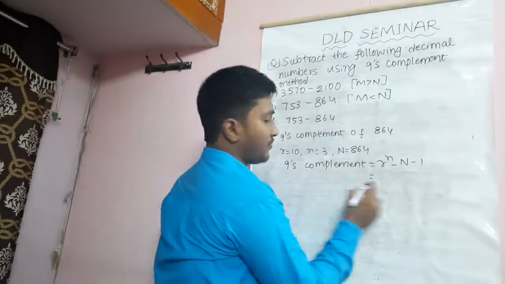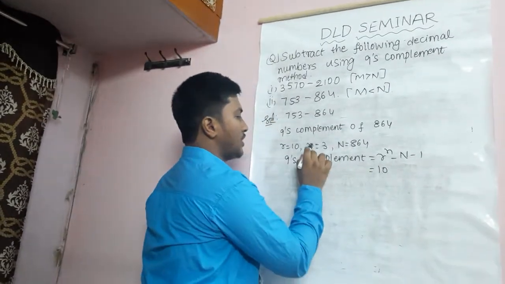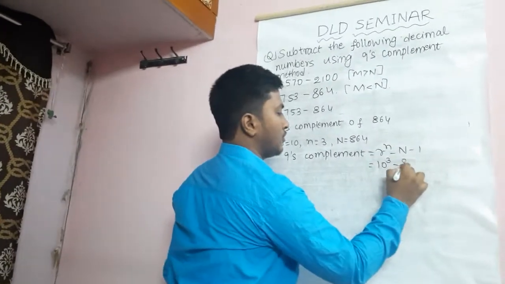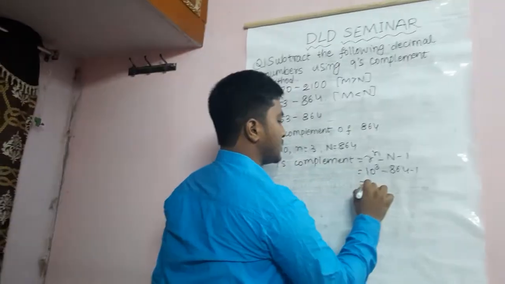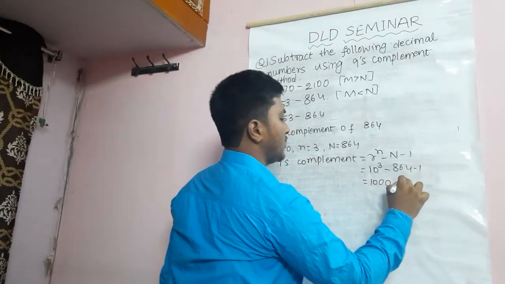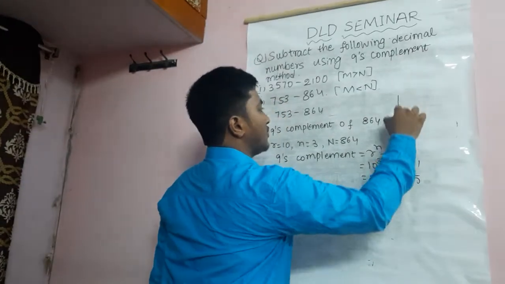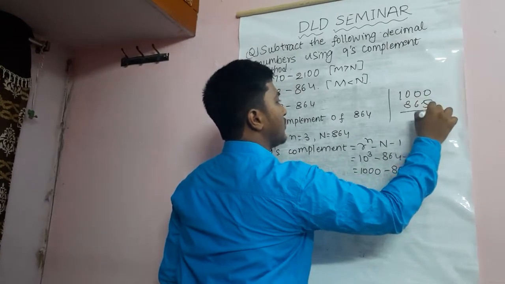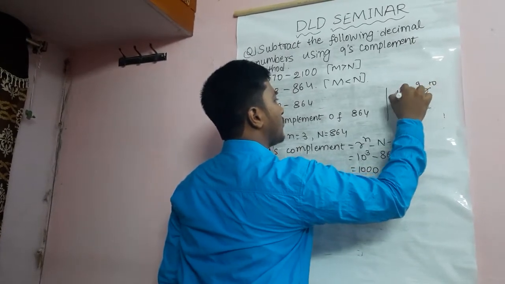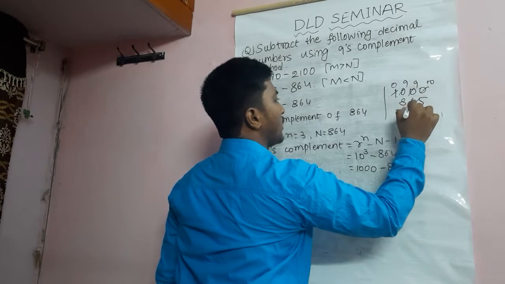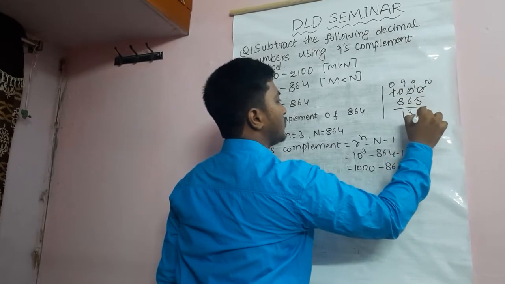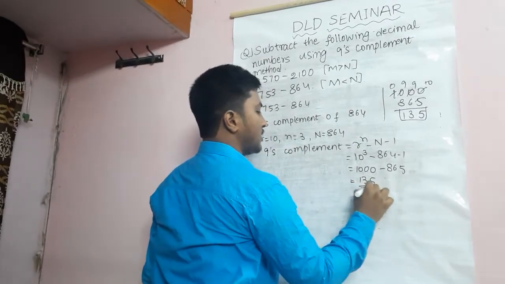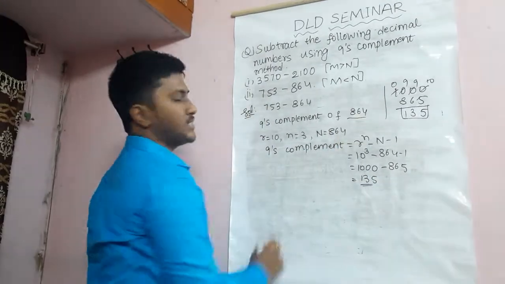So r is 10, 10 power small n is 3 minus capital N is 864 minus 1. So this is 1000 minus 865. 865. 1, 3, 5. So we got 135. This is the 9's complement of subtrahend, that is 864.